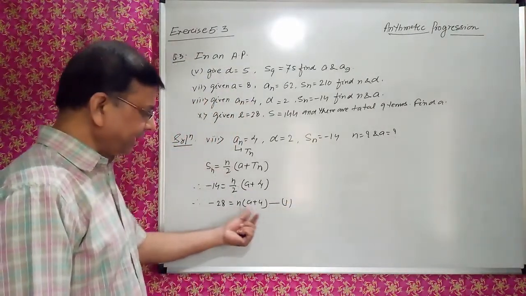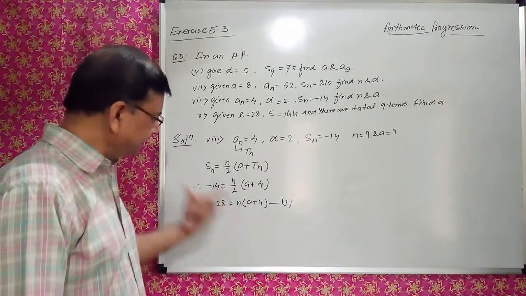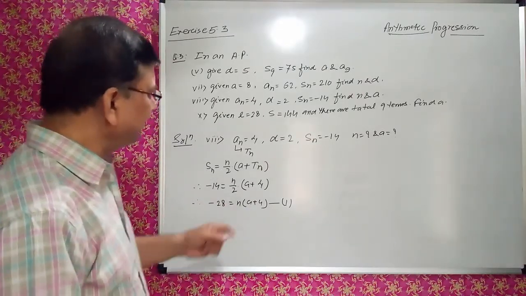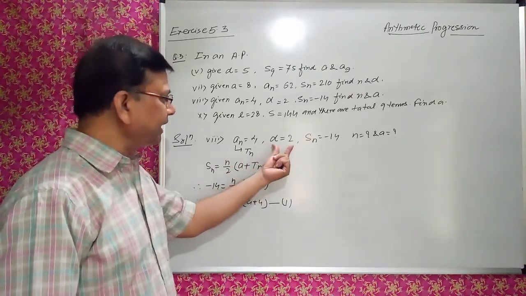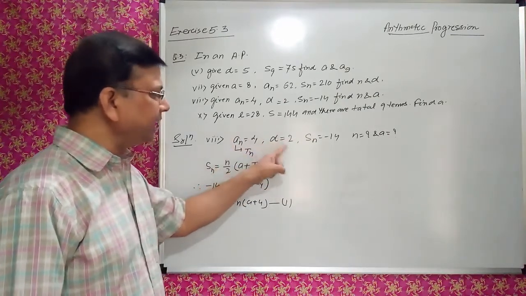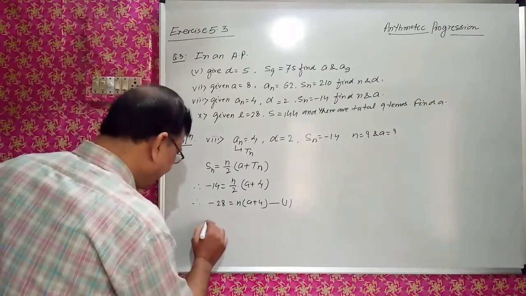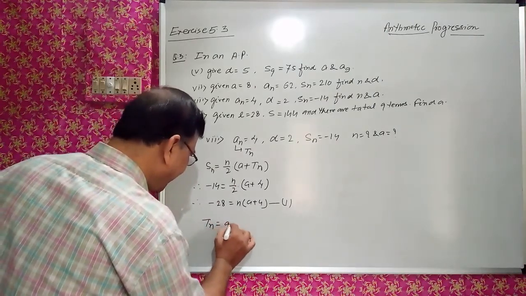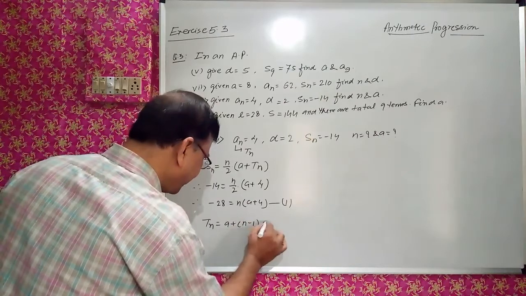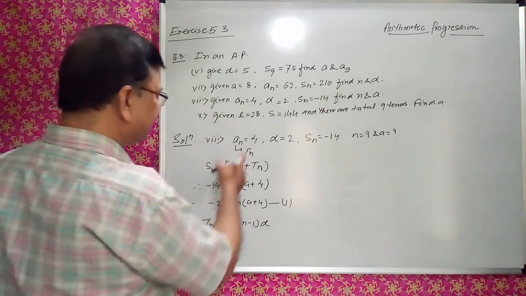Two variables are there, n and a, both are required to be found. This is the first equation. We will have another equation with d also. Tn is known, d is known, so we can get another equation. We know Tn is equal to a plus (n minus 1) d. Tn is 4.